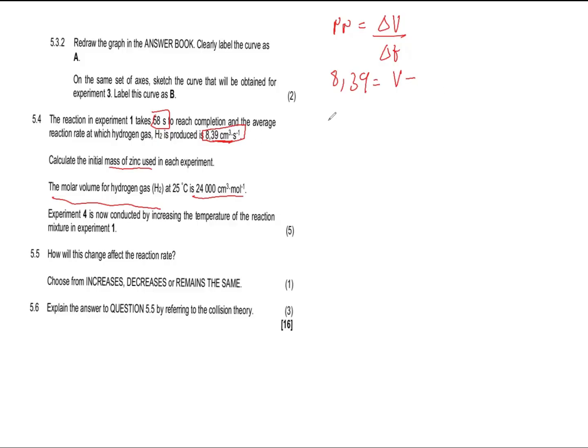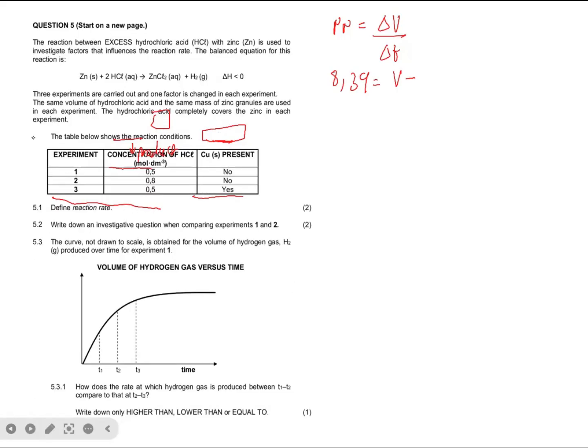The initial volume of hydrogen gas, a product, is assumed to be zero, because according to the graph at T0 there is no hydrogen gas present in the reaction vessel. So that's 0.